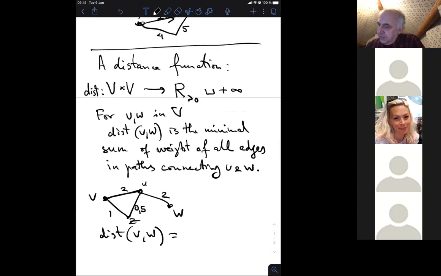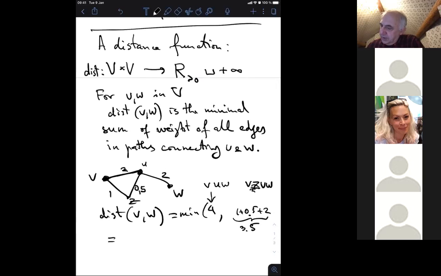So we have a path v to u to w, and its length is 4, 2 plus 2. Now if we take another path, v, z, u, w, it has 3 edges in it, but it's 1 plus 1.5 plus 2, its total length would be 3.5.